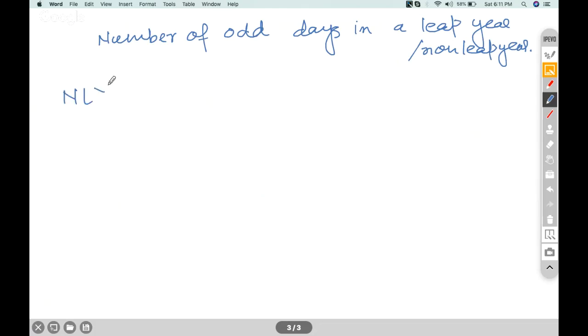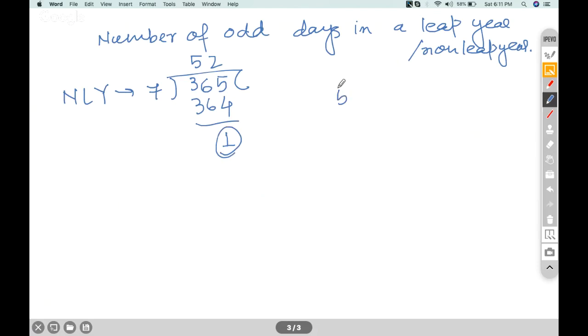So in a non-leap year, 365 days are there. I divide it by 7. So I get 52 here, I get 364 here, and I get 1 as remainder. So it means that 52 weeks have been completed.